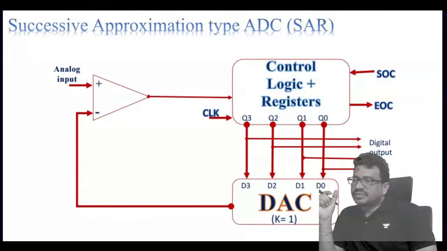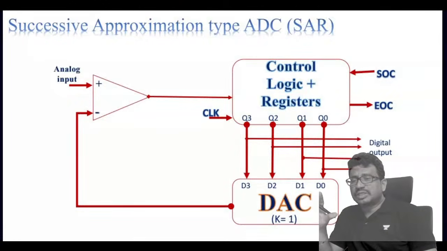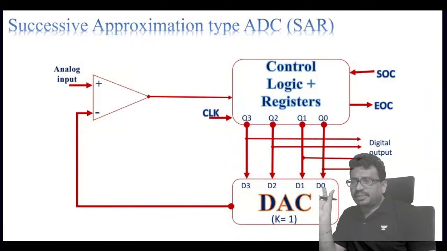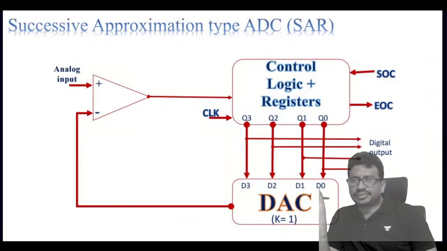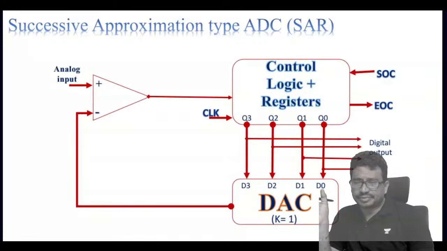But in the case of successive approximation, the conversion time does not depend upon the magnitude. It is independent of the magnitude. Let's see how it will be independent of the magnitude.